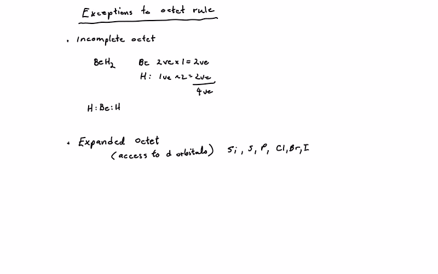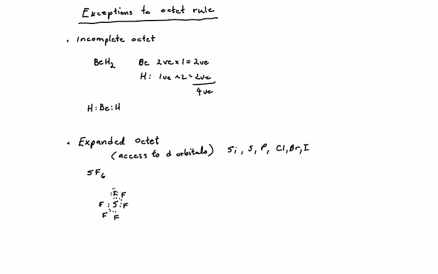One good example of this is a compound called sulfur hexafluoride, which is not fun to draw. You can see here we have the 6 fluorines, and each one of those has its full complement of electrons.